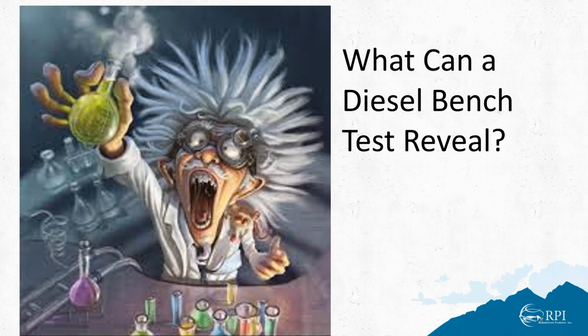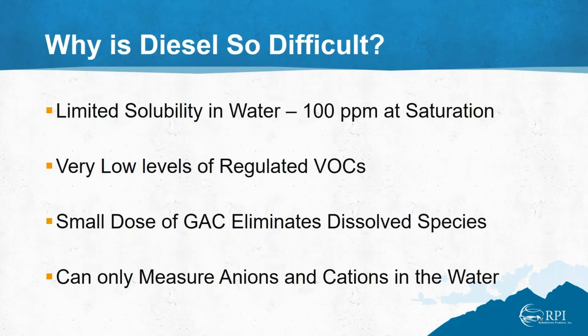So the first thing I want to talk about is when it comes to doing a diesel bench, why is it so difficult? And this lists some of the primary reasons. Number one, diesel fuel is not very soluble in water. And in fact, based on work we've done here, roughly 100 ppm is full saturation at room temperature.